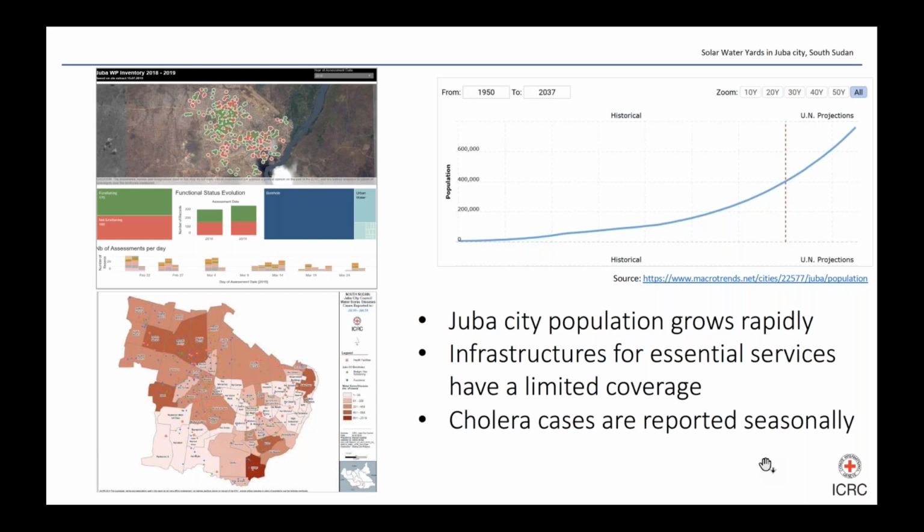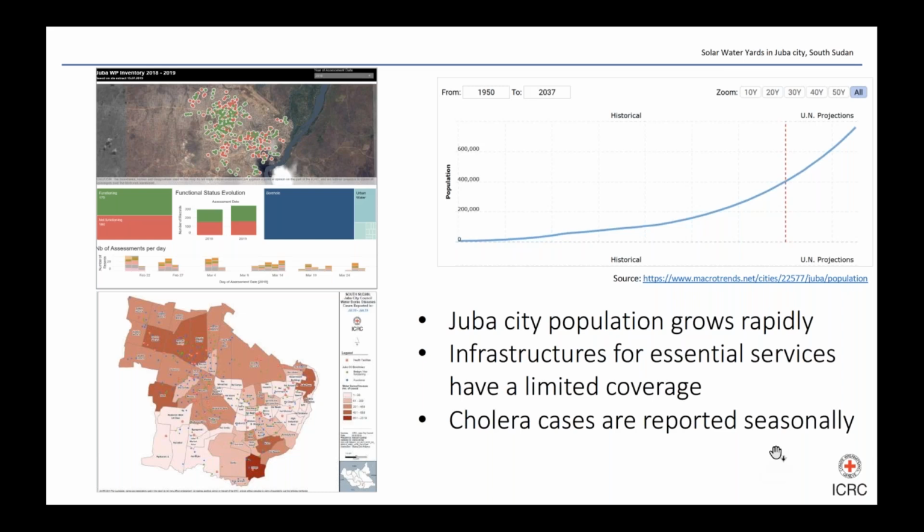And so how did we manage to identify the communities where we should install solar water yards? We designed a decision-making mechanism to identify the most vulnerable communities to assist with solar water yards. This approach was supported by a detailed epidemiological study where the cases of waterborne diseases recorded in the 15 primary healthcare centers under Juba City Council were linked to a specific geographical area.